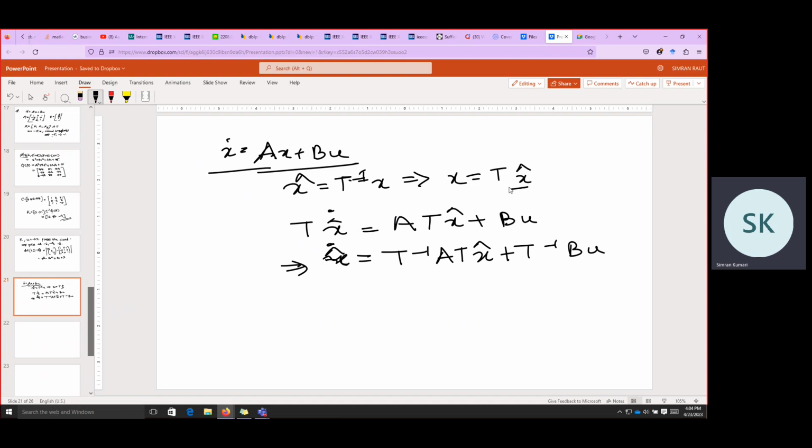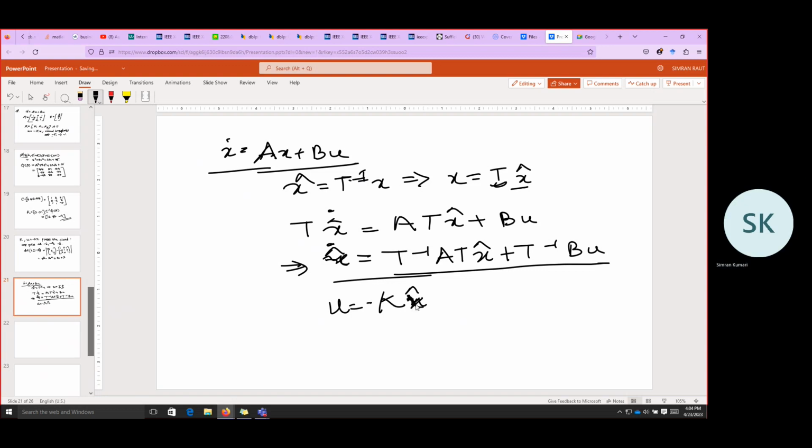Now we have this system and it has to be converted to controllable canonical form. So we have to find this transform T, such that we can have this form of the system, and for both the systems the eigenvalues are the same. And for this system, whatever the value of K is, so suppose for this system we get a value of K cap, you will apply u equal to minus K cap x cap.